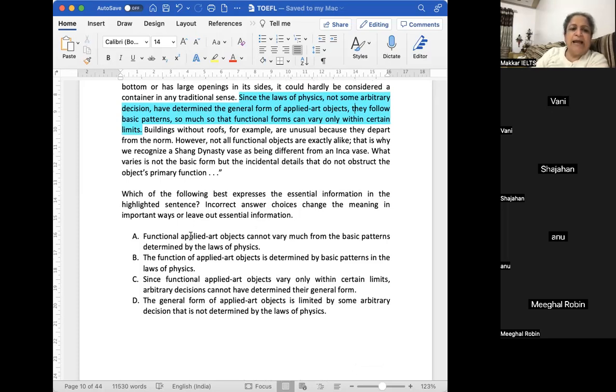A, functional applied art objects cannot vary much from the basic patterns determined by the laws of physics. Now tell me, do you think this is the answer? Let me read the other. B, the function of applied art objects is determined by basic patterns in the laws of physics. Is the function determined by basic pattern?